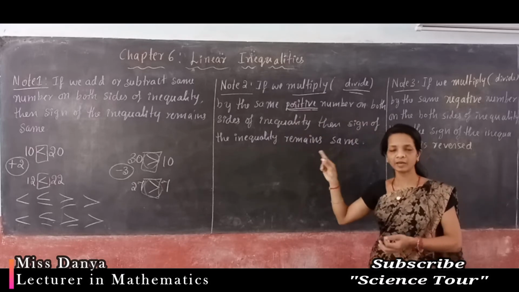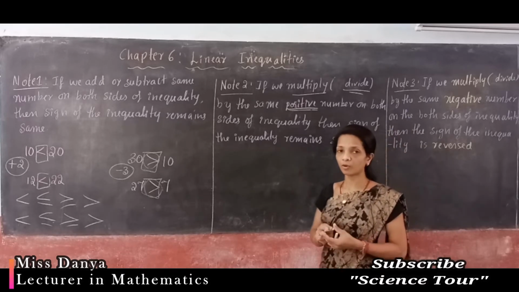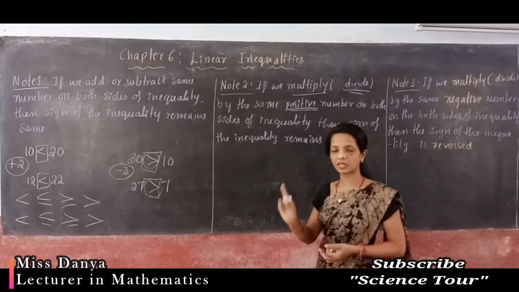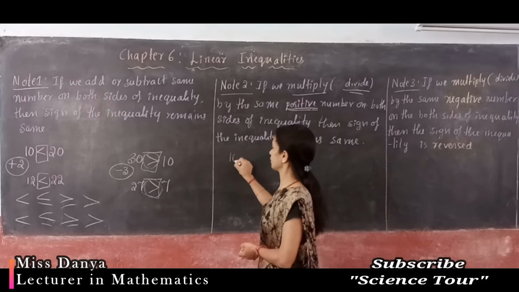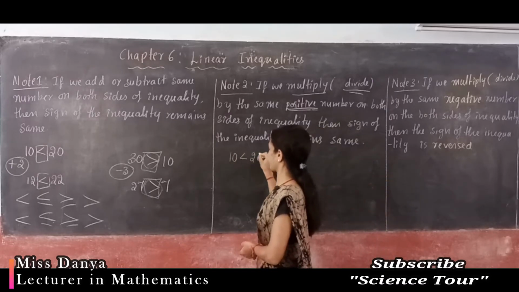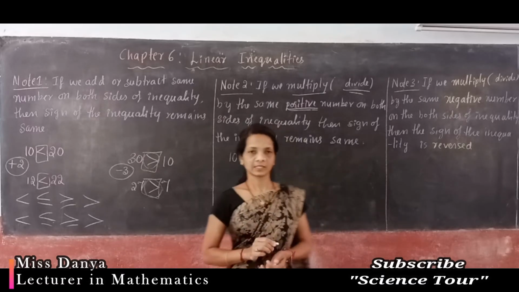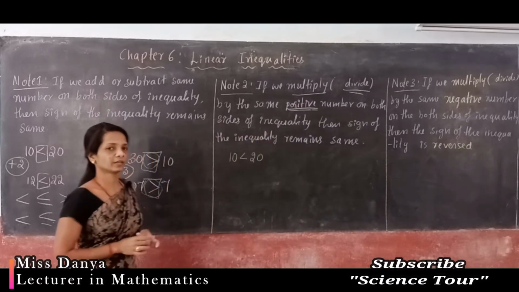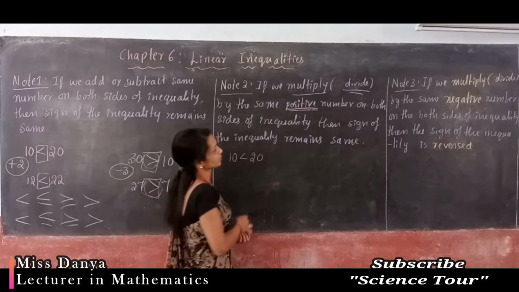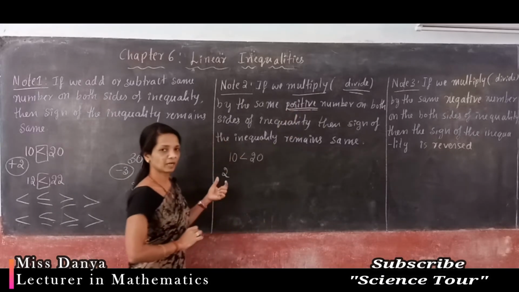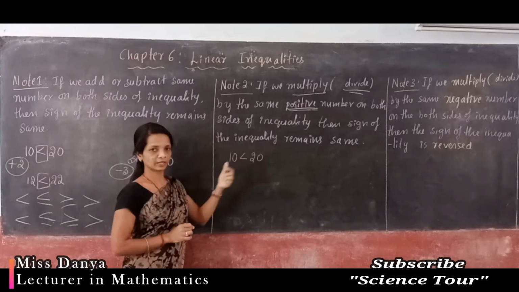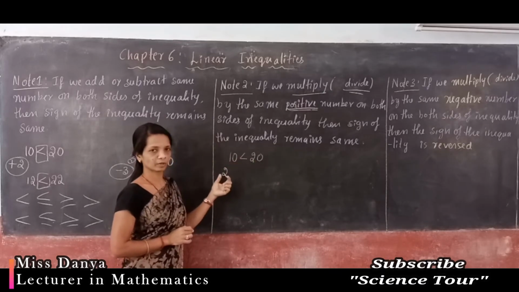If you multiply or divide by the same positive number, then also the sign of the inequality remains the same. I'll take the same example. 10 is less than 20. Now we multiply by the same positive number. If I multiply by 2 on both sides of this inequality, 2 is a positive number, right?